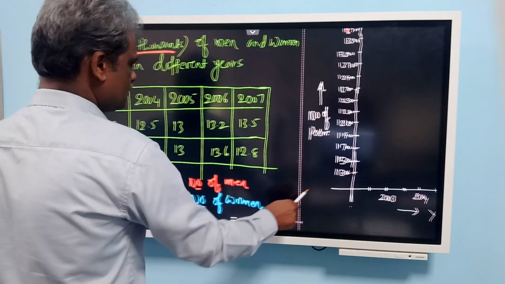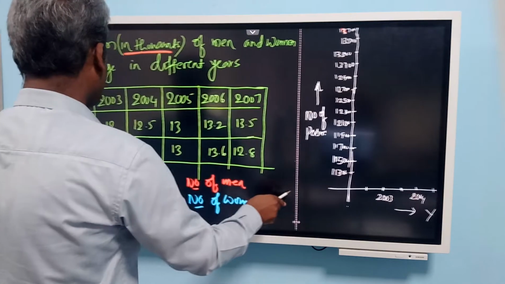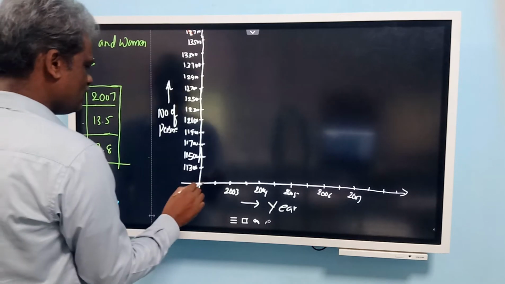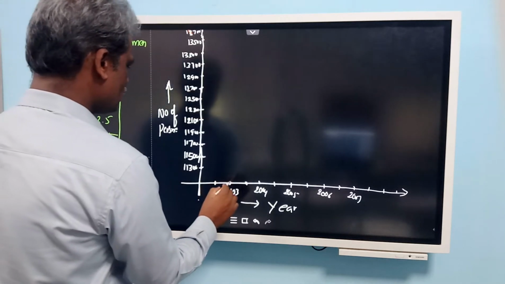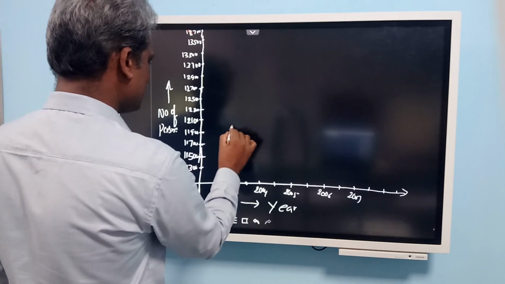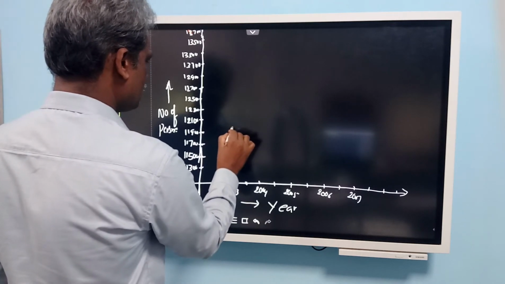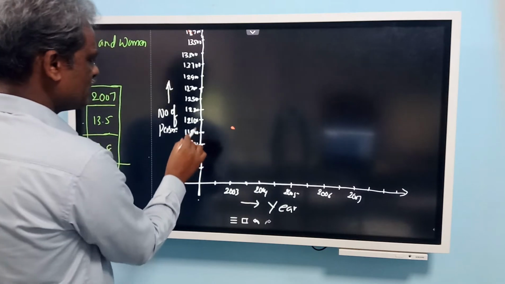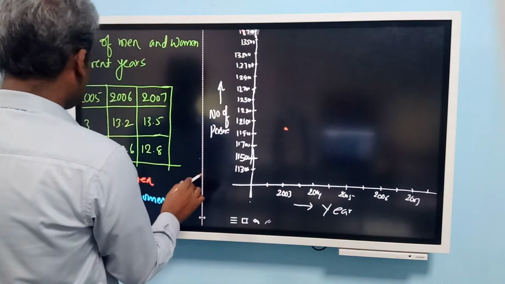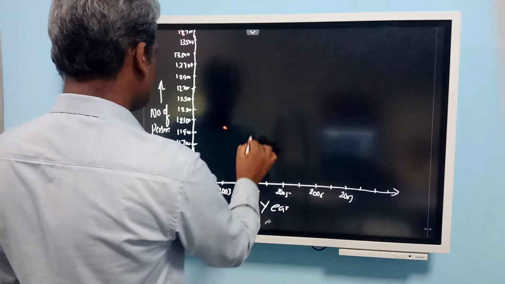Now number of men, in the year 2003 it is 12,000. So 2003 up to 12,000, it will be in between 11,900 and 12,100. This is the position. Then in 2004, 12,500.